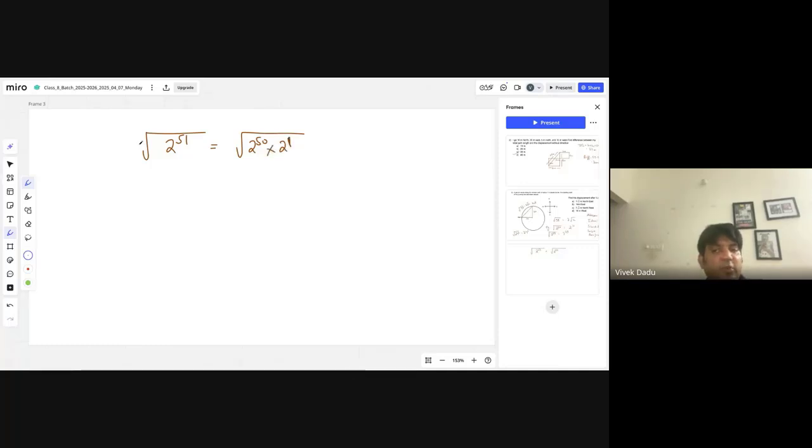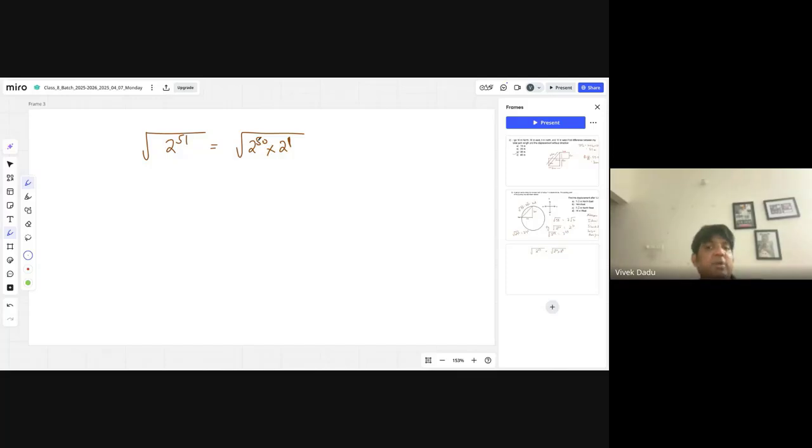Now do you understand that this 2 power 51 can be written like this? Laws of exponents in grade 7, you remember? What happens when you multiply two things with the same base? The powers get added. This everyone has learned at school. So 2 power 51 can be expressed as 2 power 50 into 2 power 1?